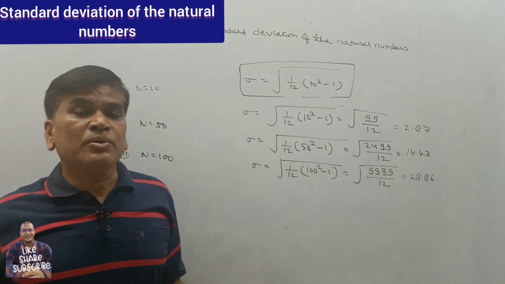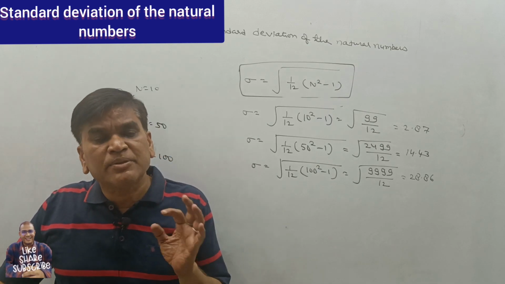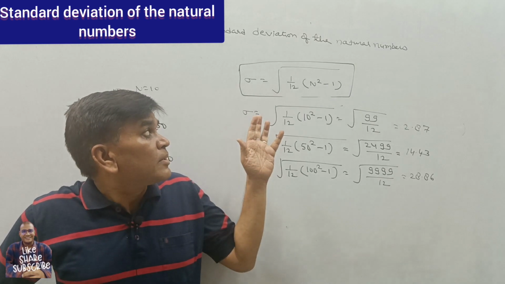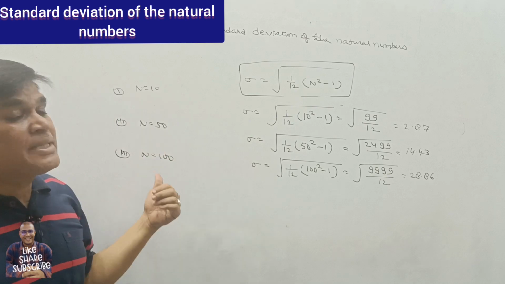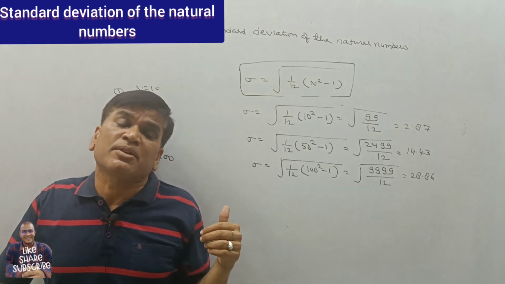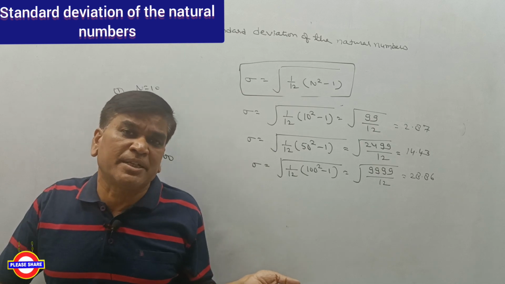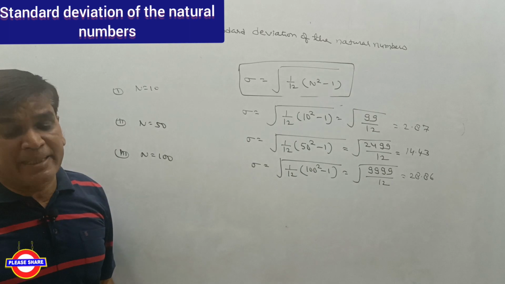So in the case of natural numbers, we can calculate the standard deviation directly. We do not need all the other steps we use in calculating standard deviation. We directly put the value of n and get the answer.